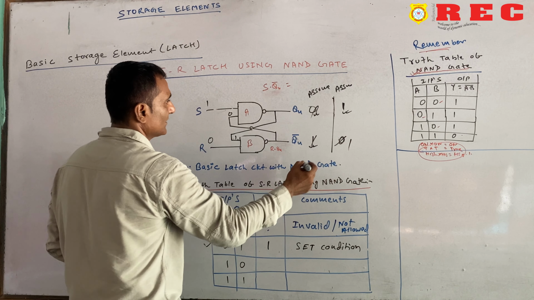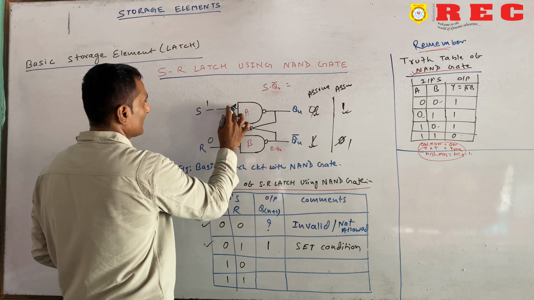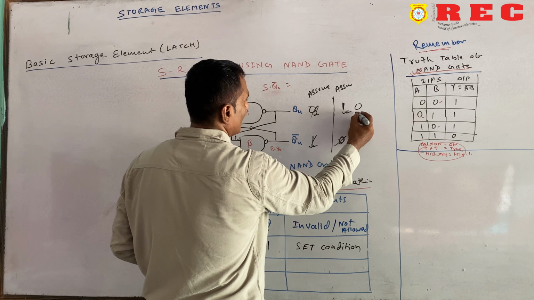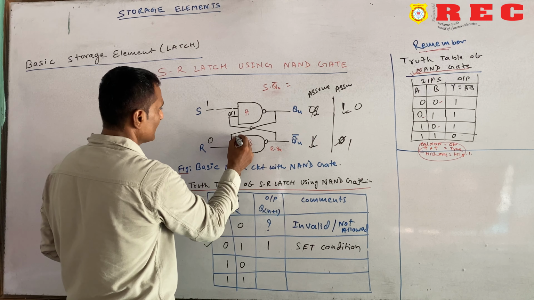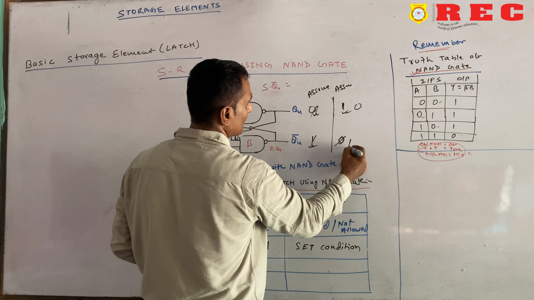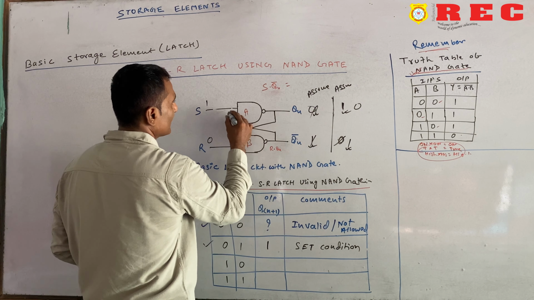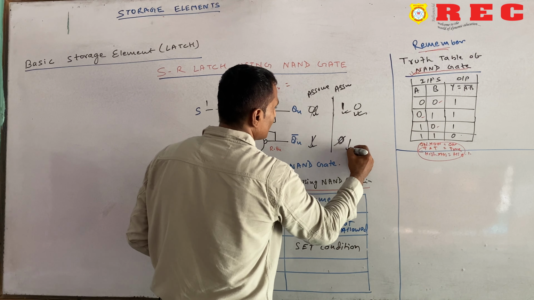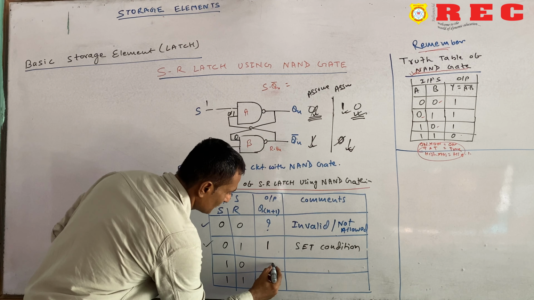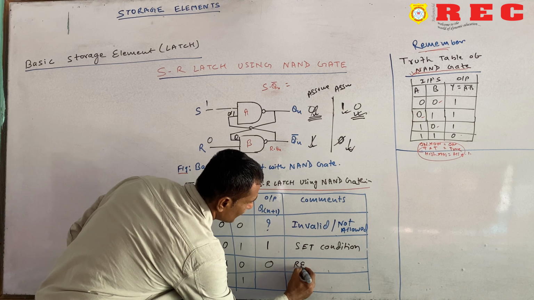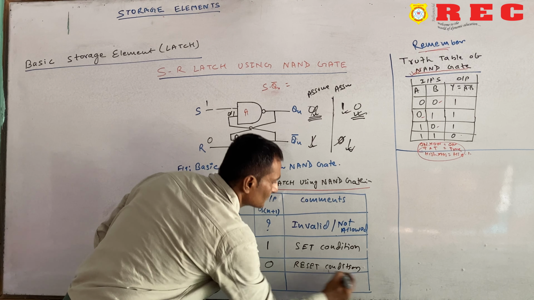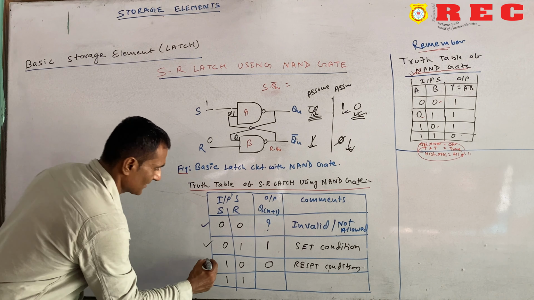Again this will come here, 1. 1 into 1 is equal to 0, and this 0 will come here, and 0 into 0 is equal to 1. This 1 will come here. We will see that in this case also 0, this goes to 0 and this is known as the reset condition. Okay? Are you getting it?